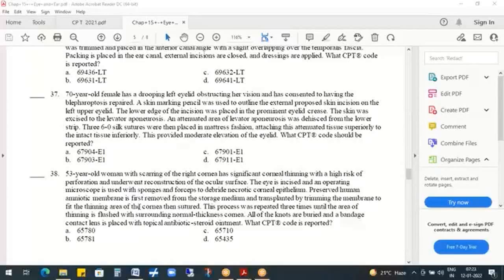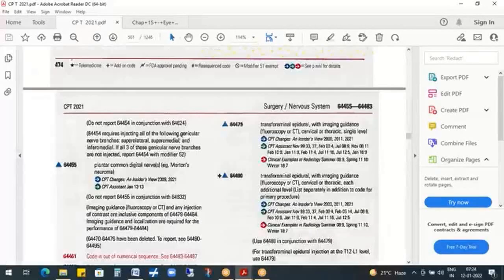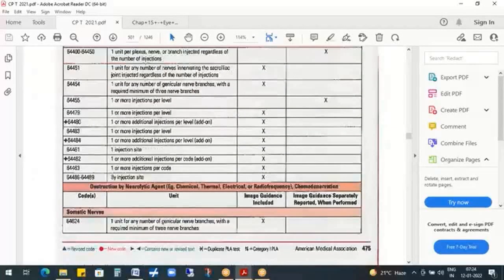Can you see the fourth line in the question? The skin was excised to the levator aponeurosis, lower strip. Superior tissue intact. Moderate elevation of the eyelid. Okay, sir.